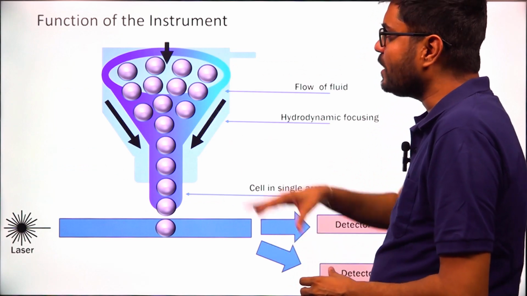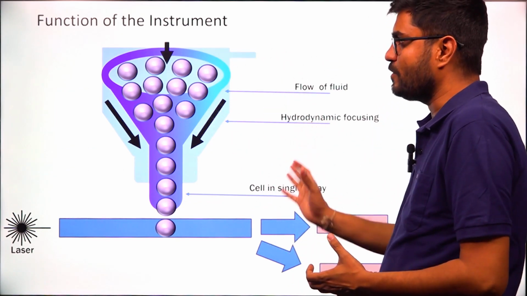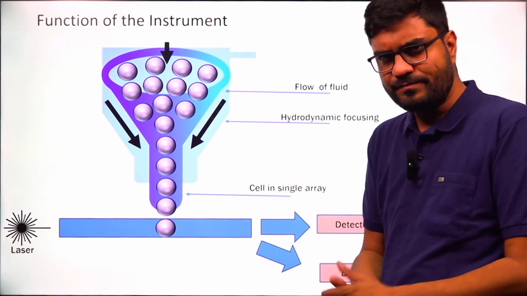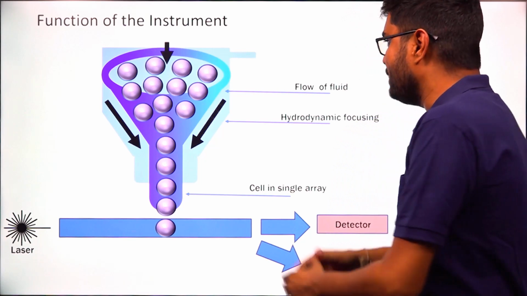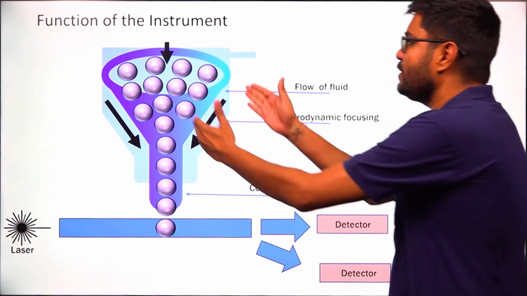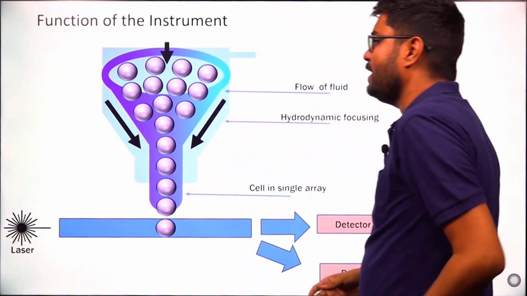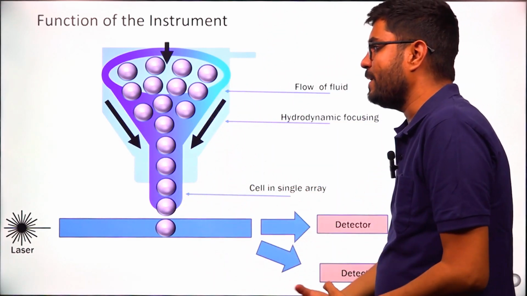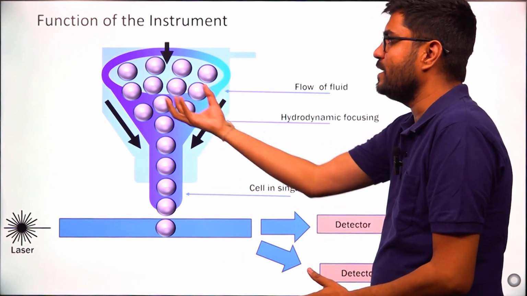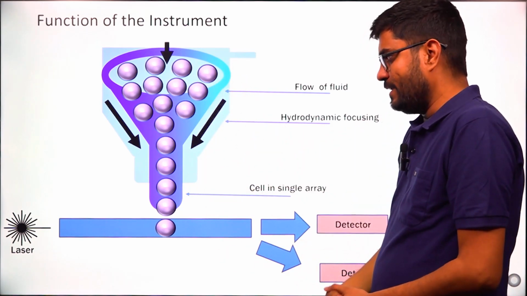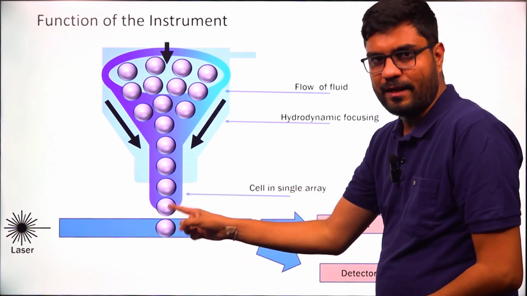If I look at the functional aspect, the instrument is very simple. It is taking a single cell suspension, and by applying the pressure of fluid, the flow of fluid, the instrument is converting this bunch of cells into a system where one cell is passing at a time.